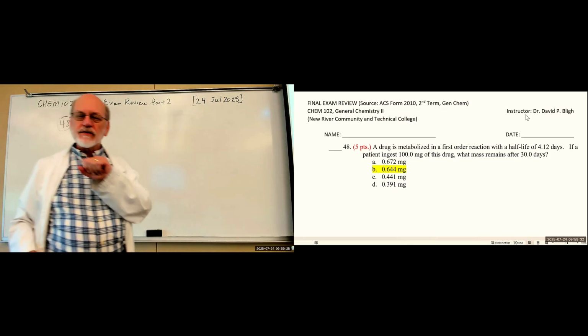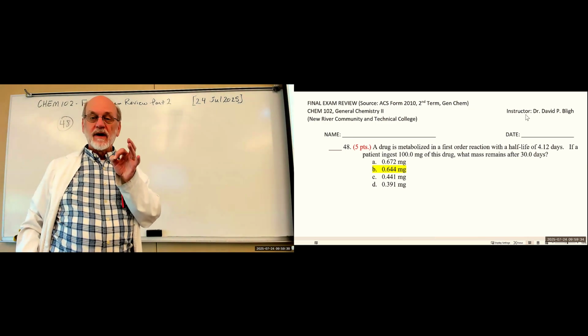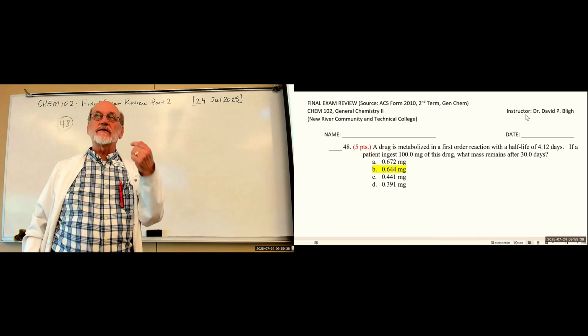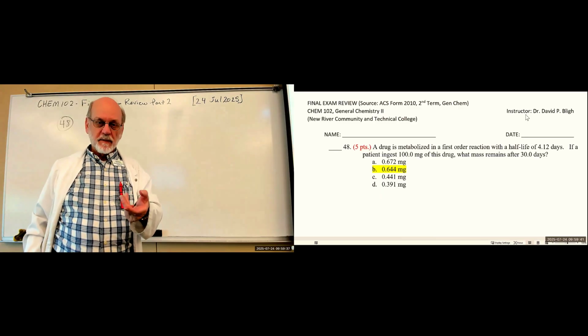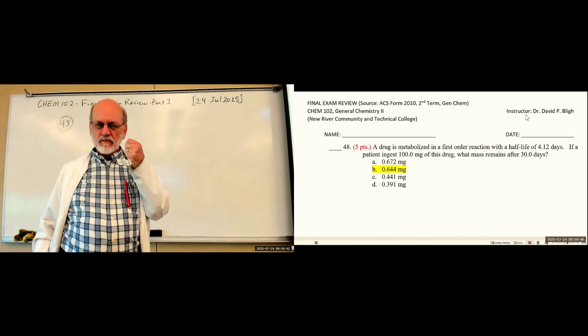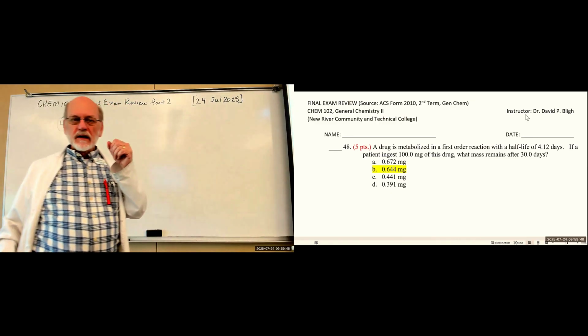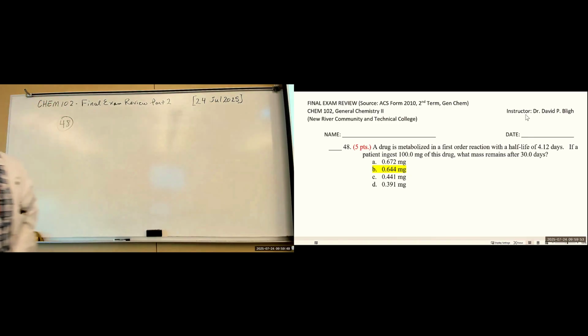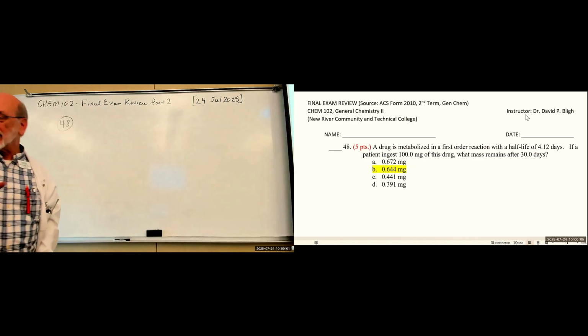So first thing I notice is that the units of the time are consistent. Half-life 4.12 days, and we're looking for 30 days. But in order to work this problem, we need to know first order. All right, let's work backwards. If we're going to find out the final concentration, we need the integrated rate law.